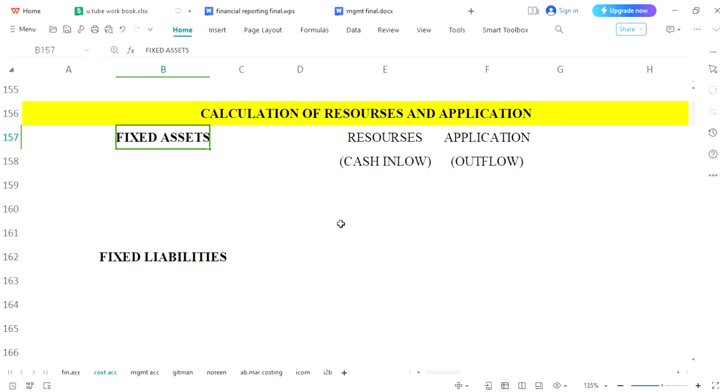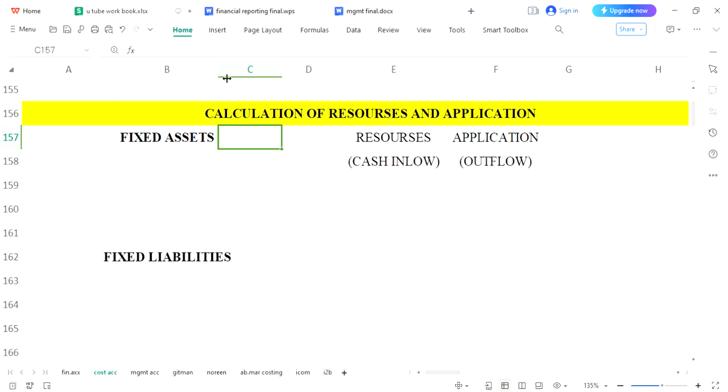Now, how will you conclude that it's a resource or an application? You will apply the same rules which were present in cash from operations.